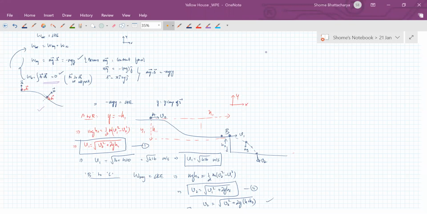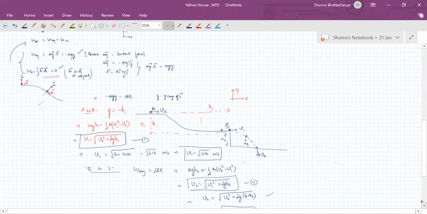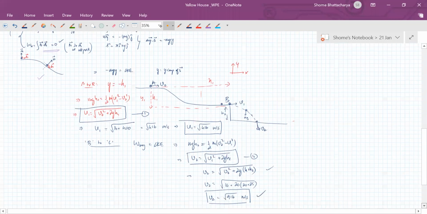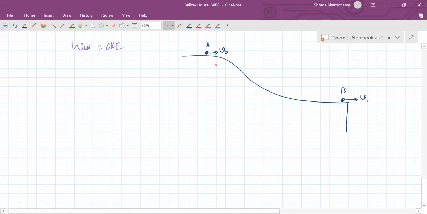Yeah, Prince, I'll explain again. So see, we have a general theorem that net work done is equal to change in kinetic energy. When the body is going from this point A over here to this point B over here, it's following this kind of a path.